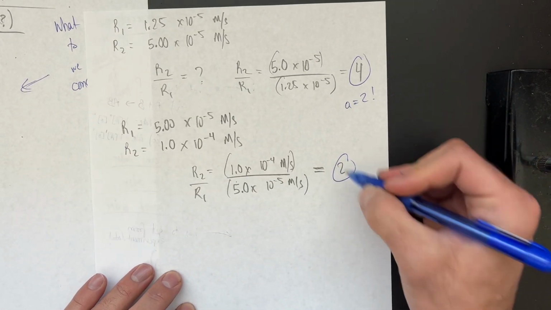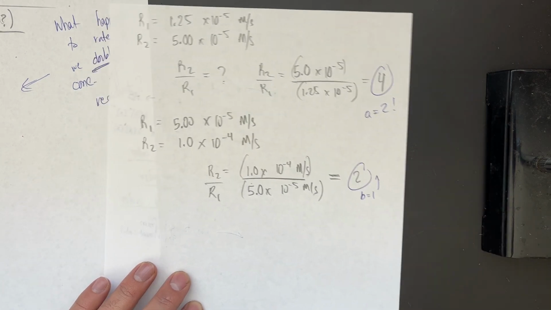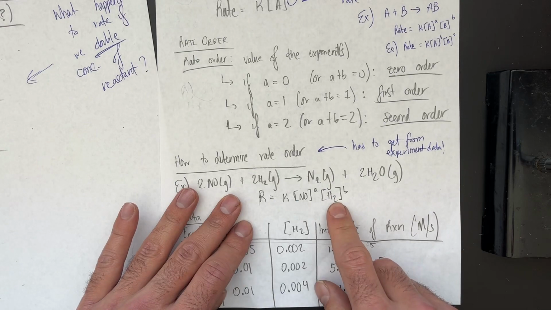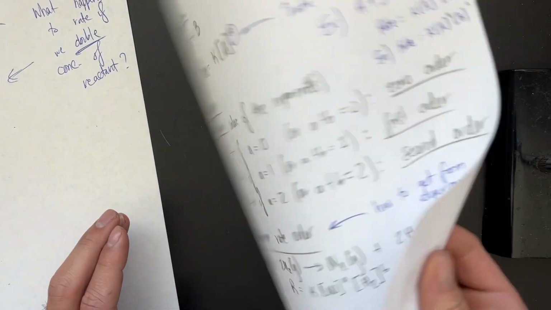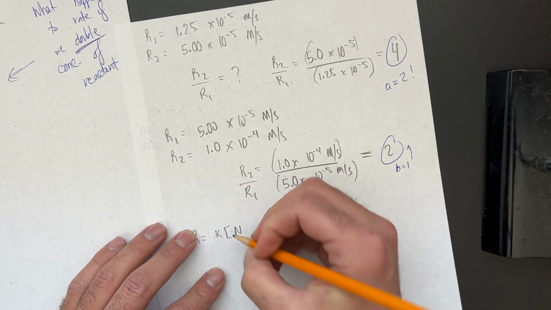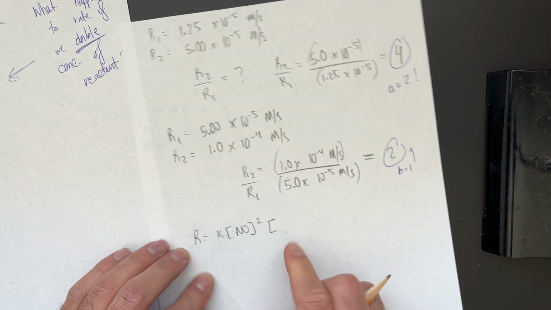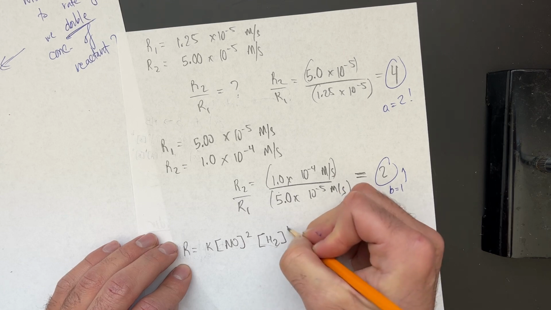Now do note this isn't A, it's B. B is equal to 1, because that was for H2. And so overall, what we can say is that R is equal to K times NO to the power of 2 and H2 to the power of 1.